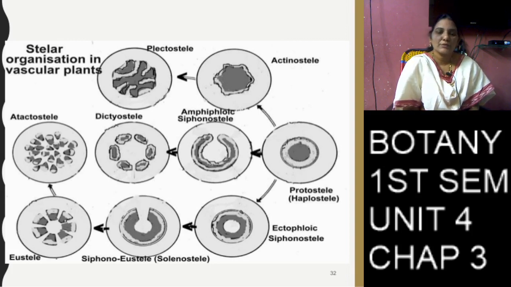Coming to the ectophloic solenostele, the middle part is called medulla, the medulla is covered by the xylem, the xylem is covered by the phloem, the phloem is covered by the pericycle, and the pericycle is covered by the endodermis. This total part has one gap, called a leaf gap.